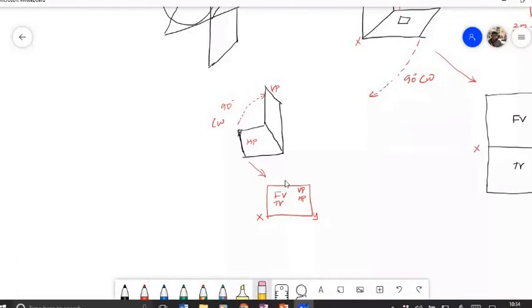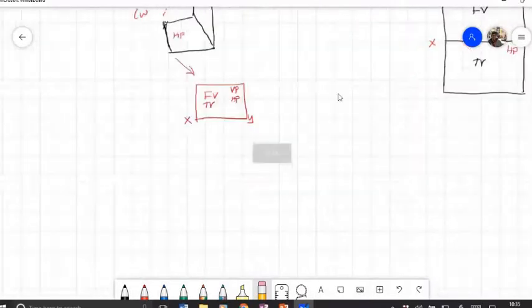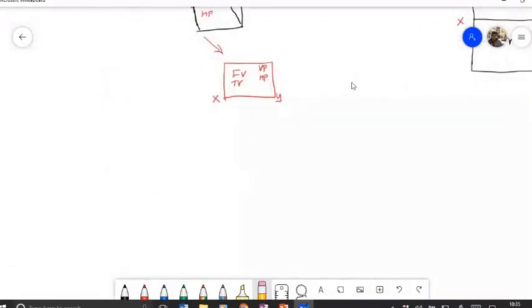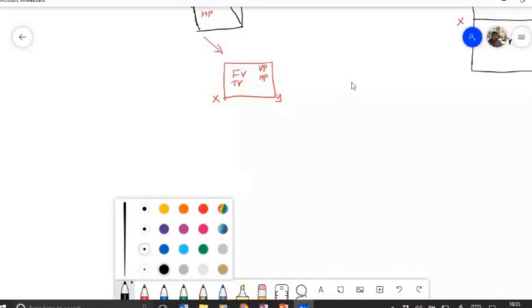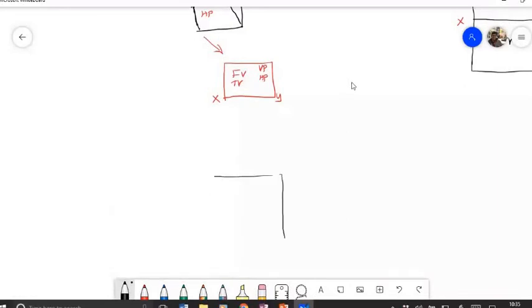Yes, sir. Then what will happen to third angle projection? Can someone explain? So this is the third quadrant. Let me draw the third quadrant, and your object is somewhere here.